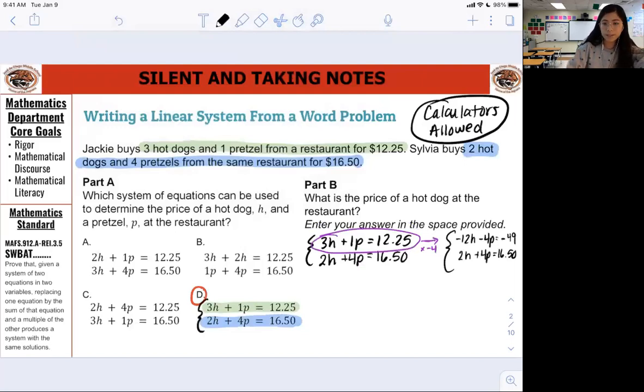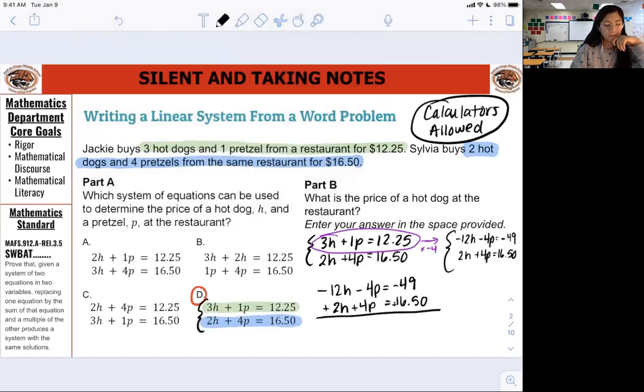The p's will cancel. Yeah, the p's will cancel out, the 4's will cancel out, and we'll be able to solve it using elimination. So I'm going to rewrite it down here. And I will be adding my two equations together.